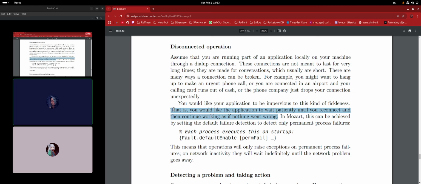If this was the case here, we could just make the program block until the connection was regained when you arrive at your destination. It would completely change the quality of life of doing programming on the fly.